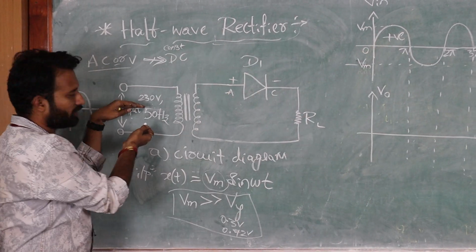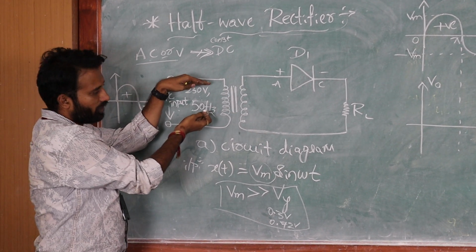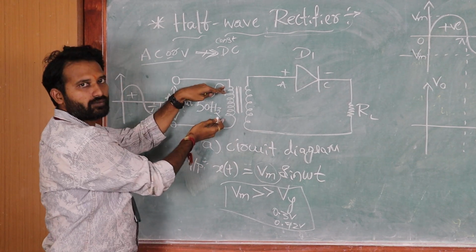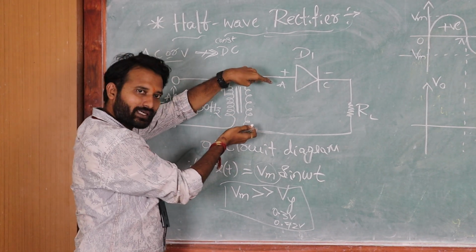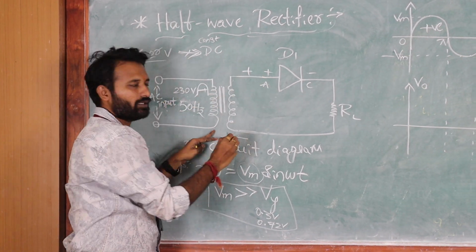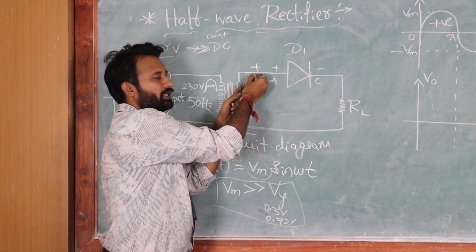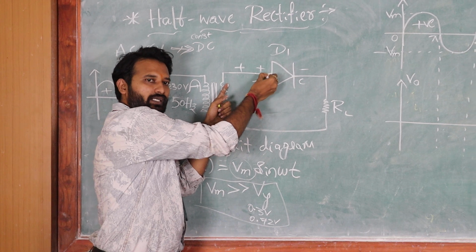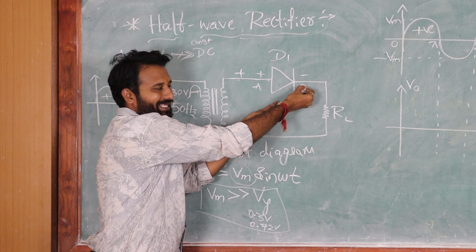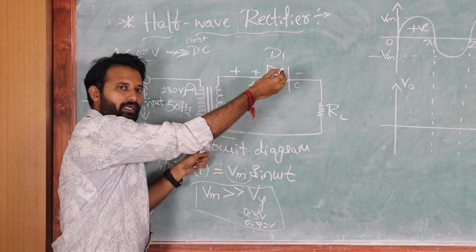If you apply a positive half cycle, the voltage induced across the secondary will be positive at this side and negative at the other side. The positive will be applied at the anode of the diode, and the cathode of the diode will get negative for a positive half cycle.